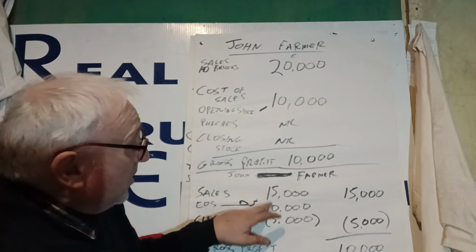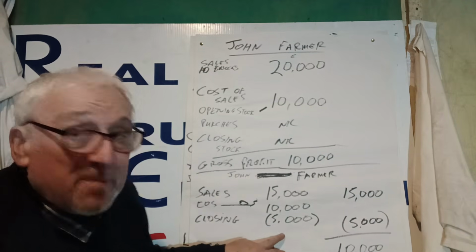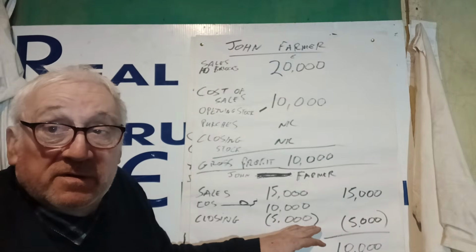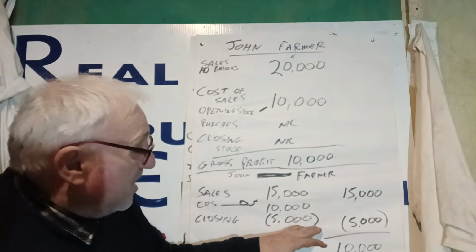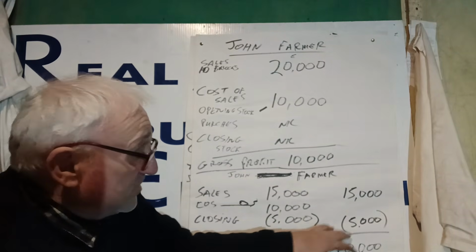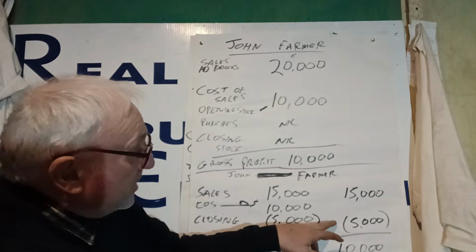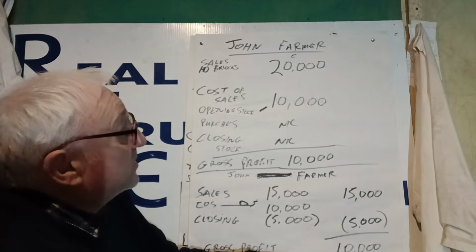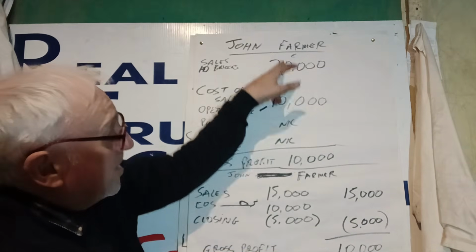So, how can there be a difference? Well, we'll say he kept a few. Then his closing stock is going to be 5,000. Are you with me? His closing stock is going to be 5,000. He still has them in hand. So you take the closing stock from the sales and you get 10,000. So it's the same thing.